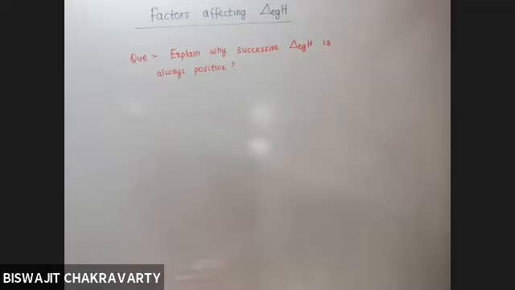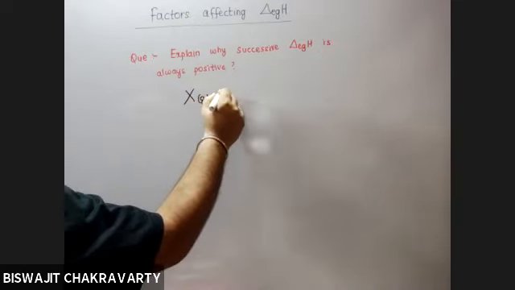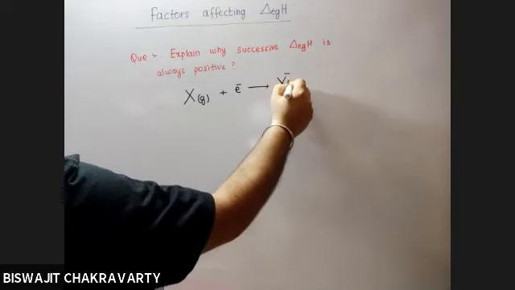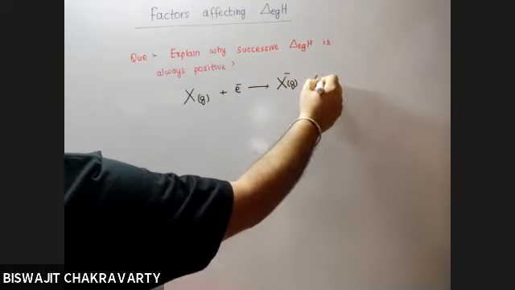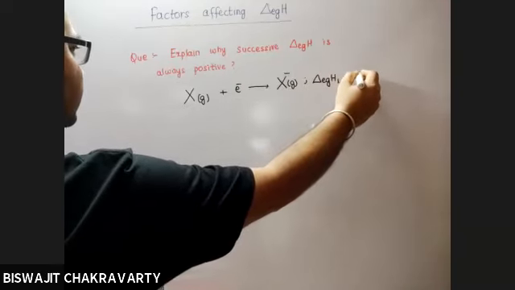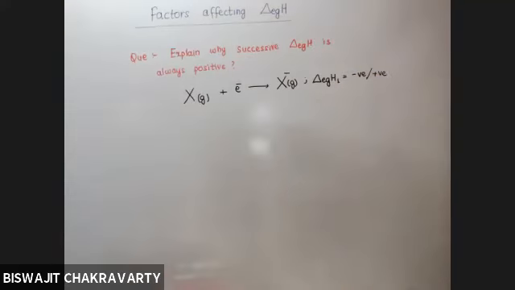See, in order to understand it, let us say we have an atom X and it accepts an electron so that it becomes X minus gas. Delta EGH for the first time can be either negative or positive. If it is a non-metal short of one electron, obviously it will be negative.